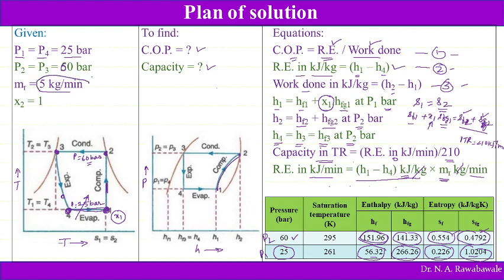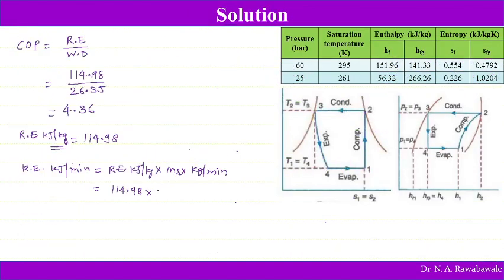So kg gets cancelled and the unit remains kilojoules per minute. On simplification, 114.98 into 5 is 574.9 kilojoules per minute.